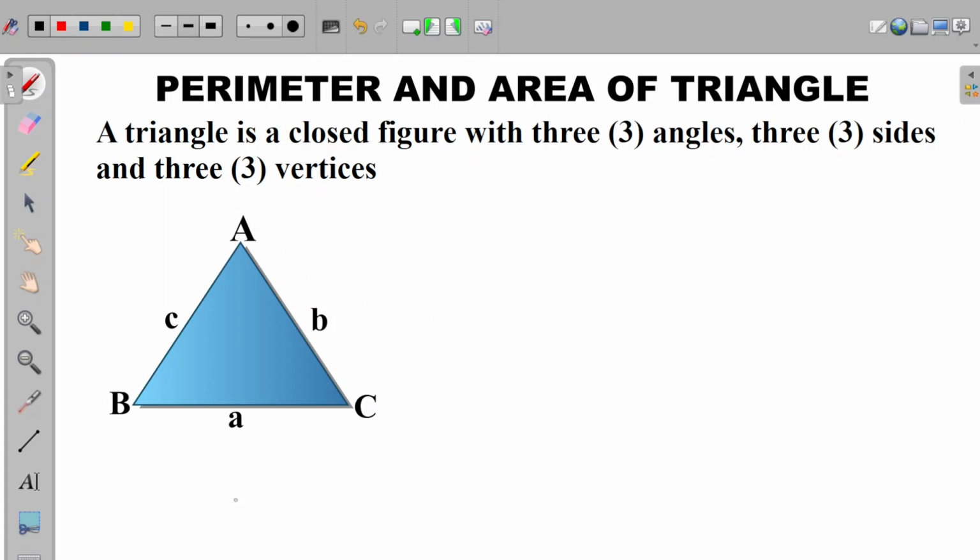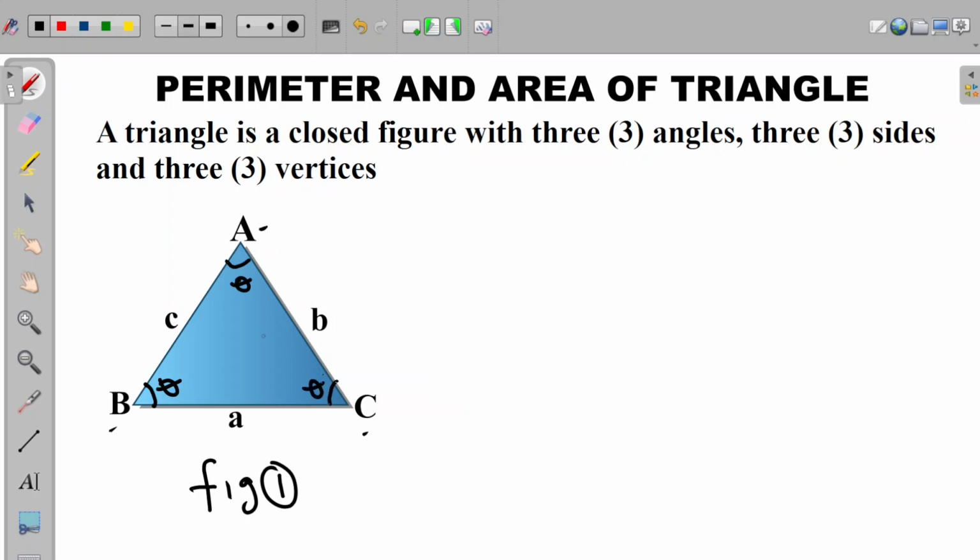Now, looking at the figure, let's name it figure 1. In figure 1, we have vertex A, vertex B, and vertex C. Also we have side AC represented as B, side BC represented as A, and side AB represented as C. Also, at each vertex we have an angle, which you can call theta.